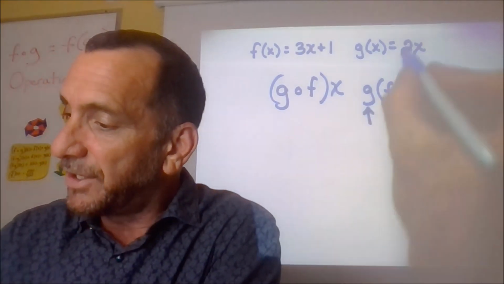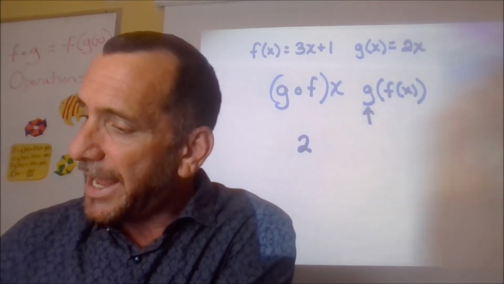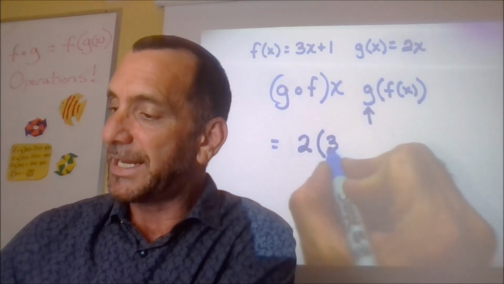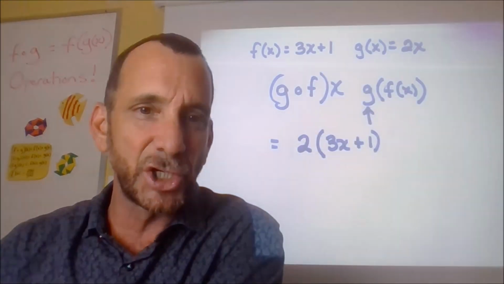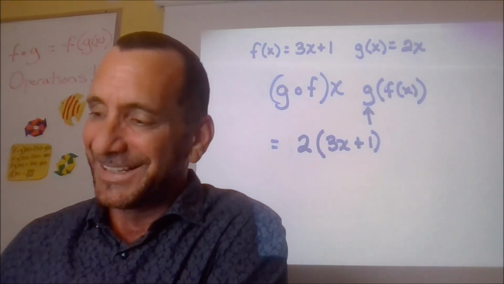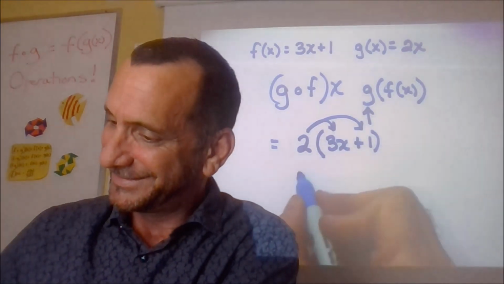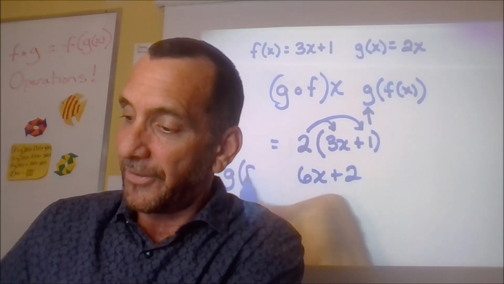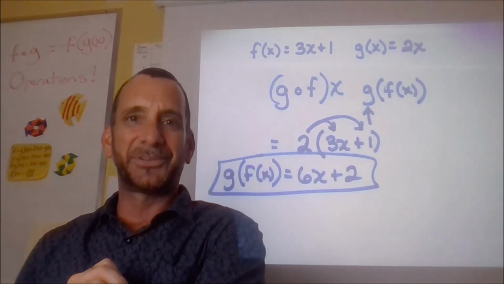Let's do it. g of x is 2x, so I'm going to put 2, but instead of writing an x, I'm going to put in parentheses 3x plus 1. I'm inserting the f of x function into g of x. Well, that's pretty easy from here on out because all you have to do is distribute. And so my g of f of x is 6x plus 2.